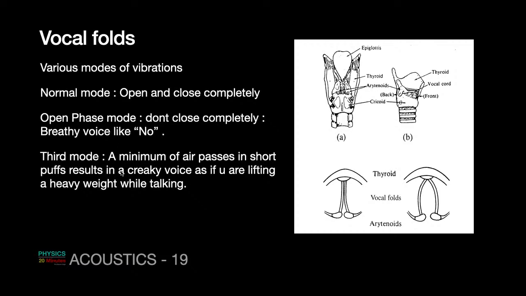The third mode is that a minimum air passage in short puffs results in a creaky sound, as when you are lifting a heavy weight while talking. If you are lifting a very heavy weight and also talking, the way you talk, this is the third mode of vibration. There's another mode of vibration which can describe singing, not part of the discussion right now.